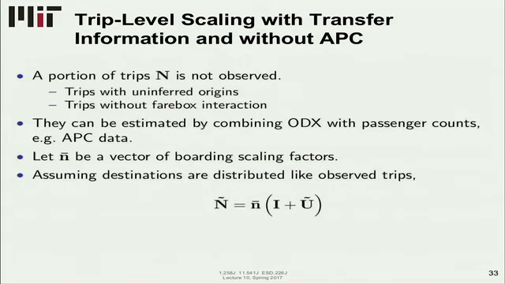All right, and then we have to take care of the non-interaction trips, or non-observed trips. Some of them are trips with uninferred origins. So it could be that we know that this person was on this trip because the origin inference failed, or it could be that there's some information that, in general, some portion of passengers don't interact.